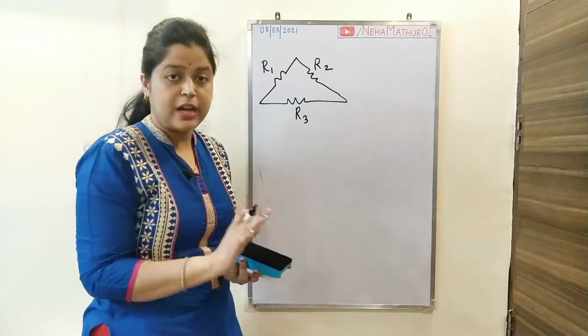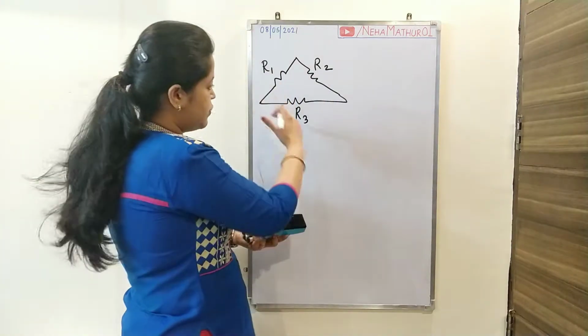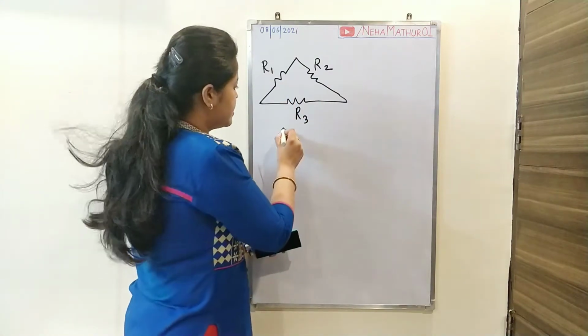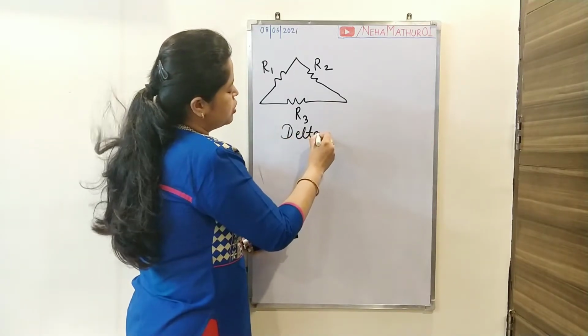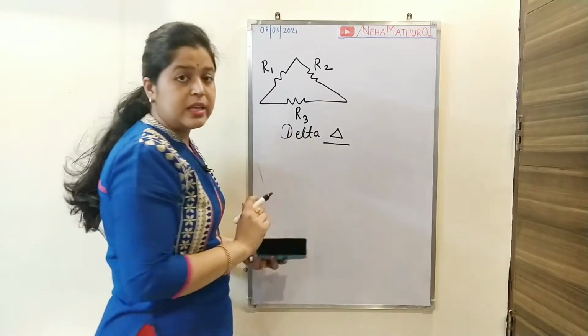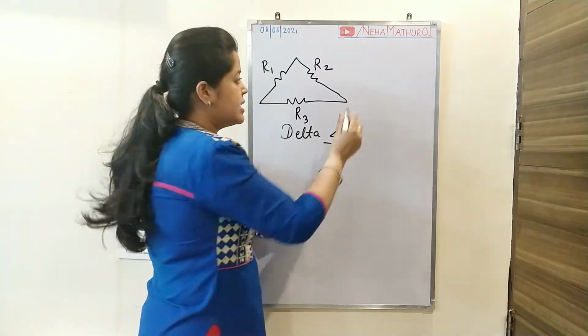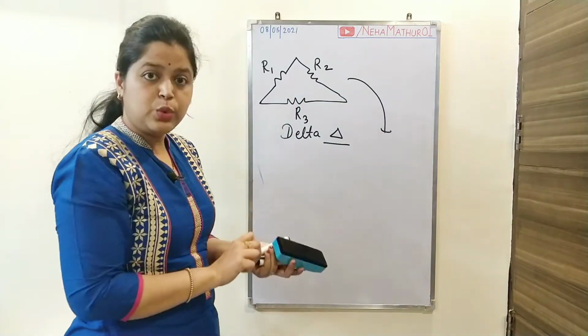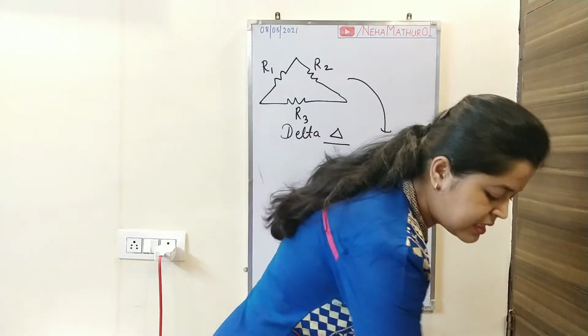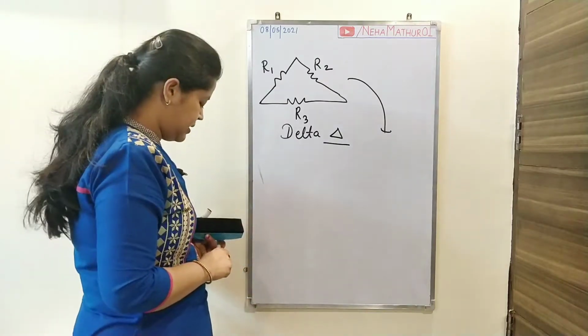This type of situation is considered a delta, because it looks like a delta. Now the task is that you will have to convert that delta into star form, and the star form looks like this.